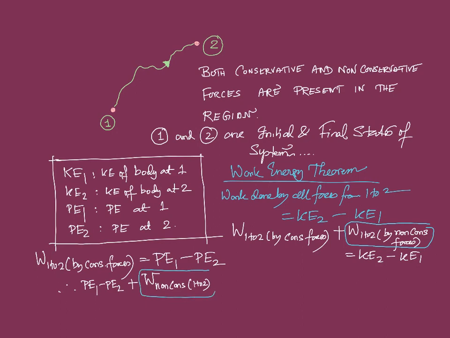This is the same term, just written with brackets. We can bring it to one side: KE1 plus PE1, total energy, kinetic plus potential, plus W non-conservative from 1 to 2 equals the final total energy, KE2 plus PE2.